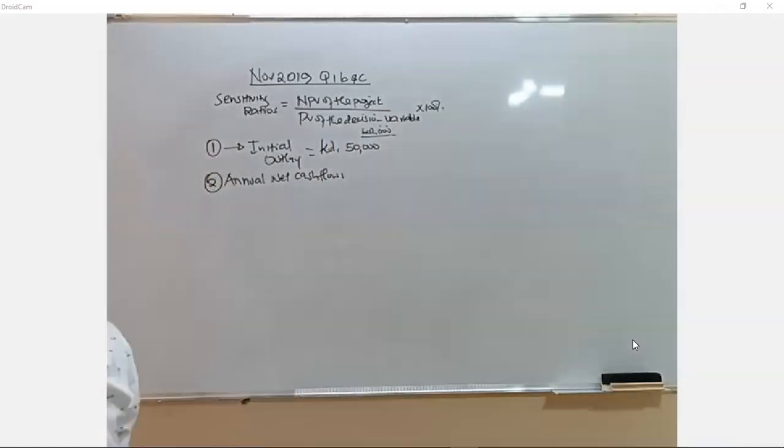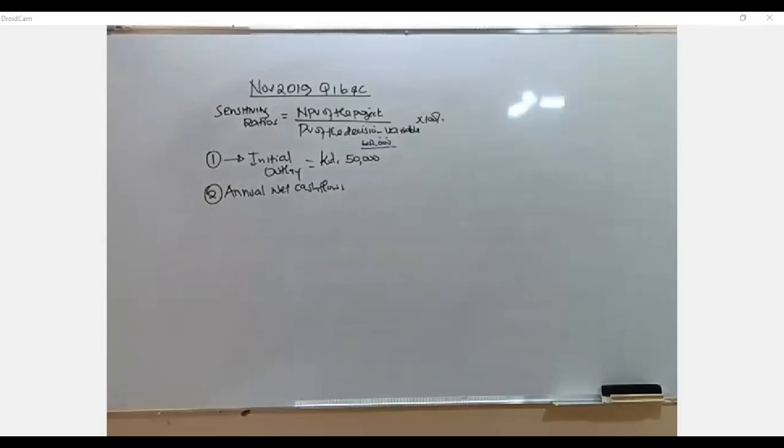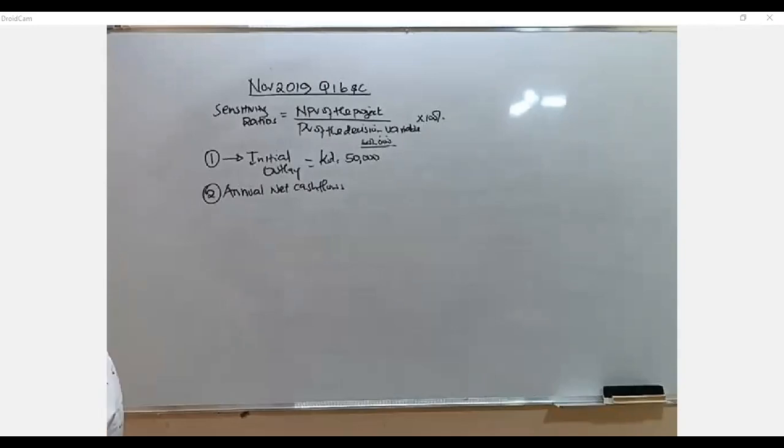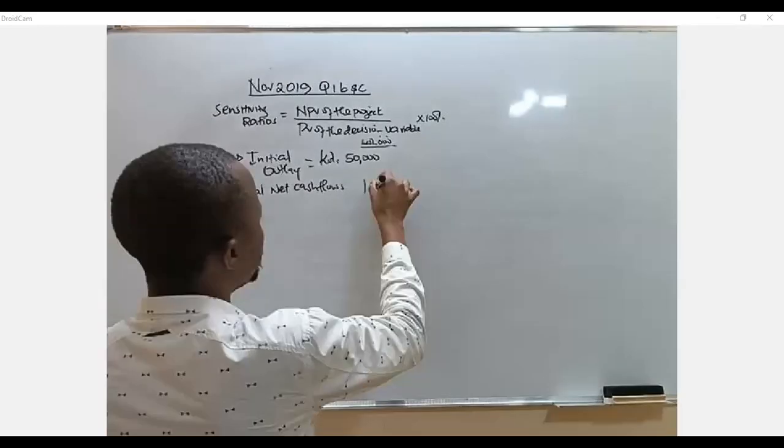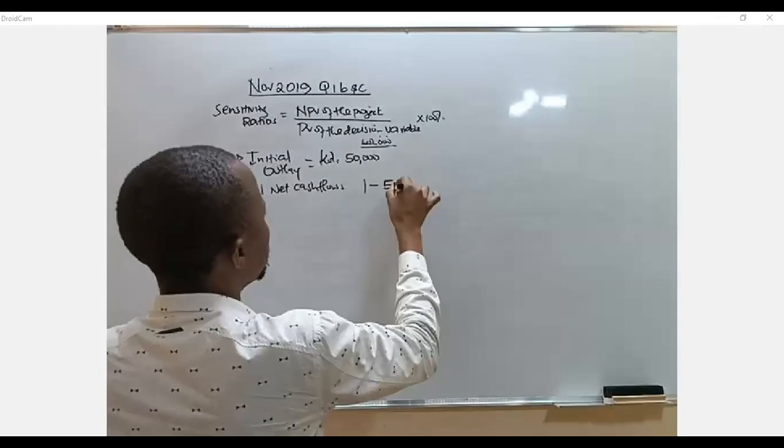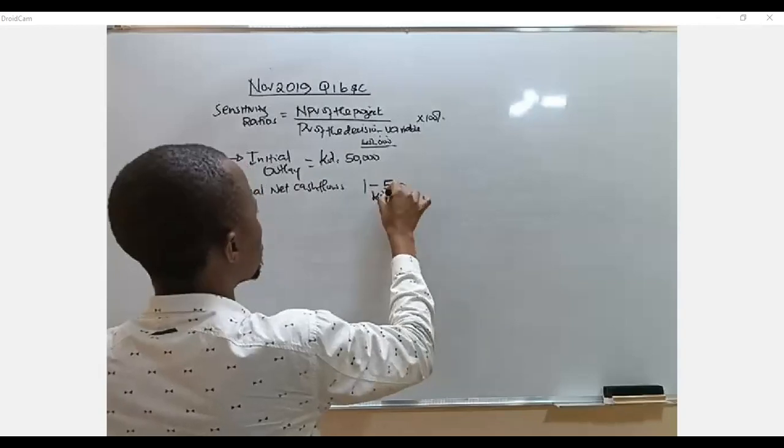When I look at the annual net cash flows, the examiner is telling us, let me go back to my question, that it is expected that 20 million units of microchips will be sold each year. It means our question is an annuity for the whole of 5 years. So it will be 1 to 5 years, right? And then we limit it to thousands.